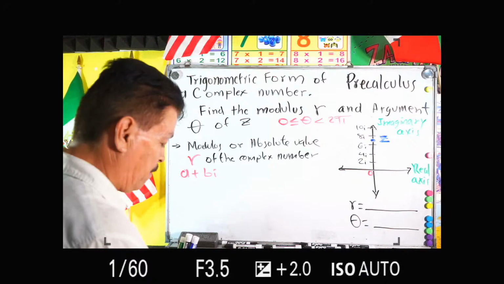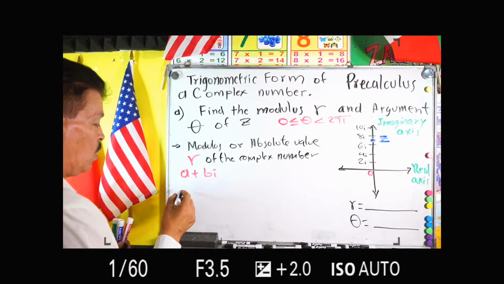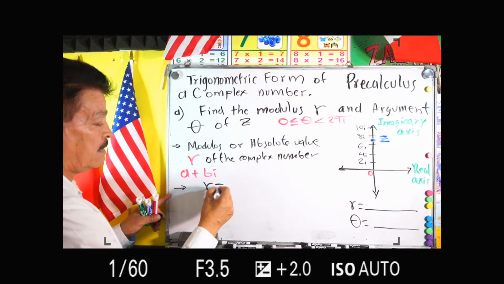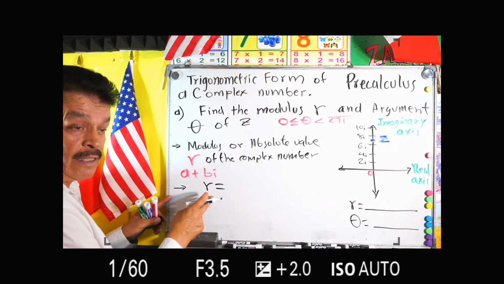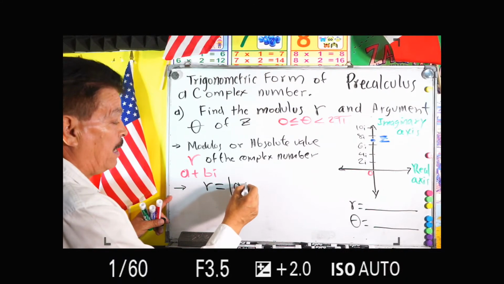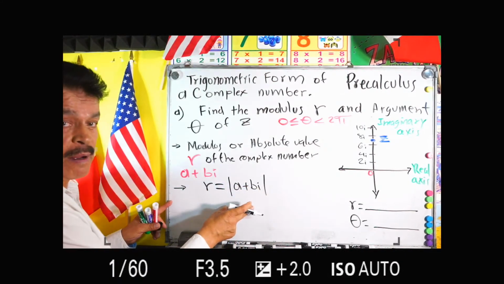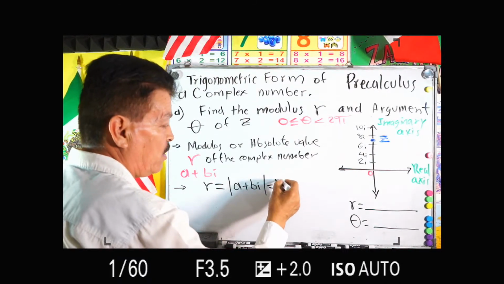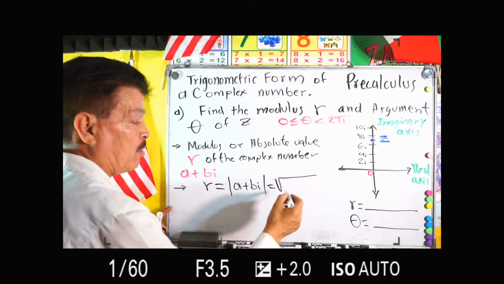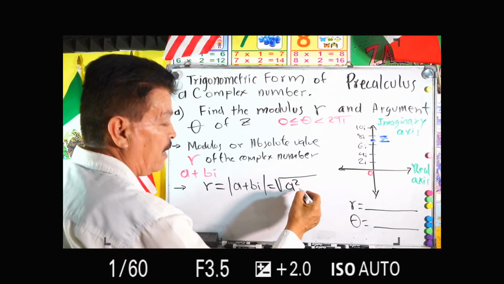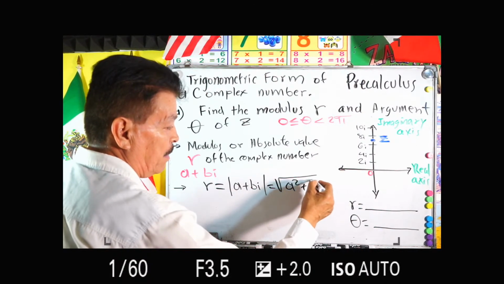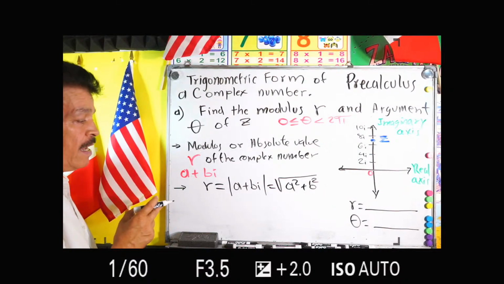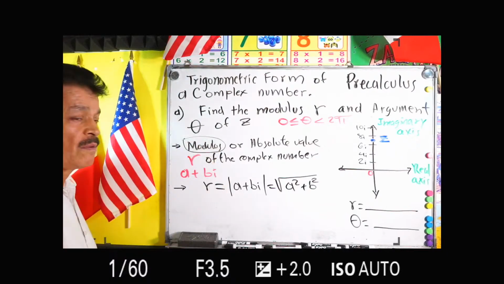So r equals the absolute value of a plus bi, and that equals the square root of a to the second power plus b to the second power. This is a very important formula. That's the main idea of the modulus, or absolute value.